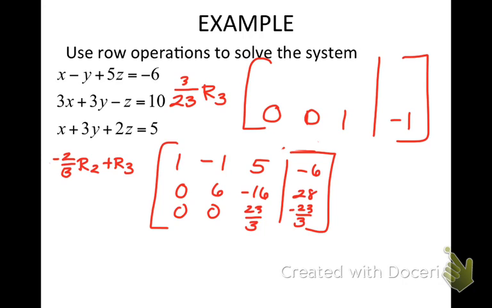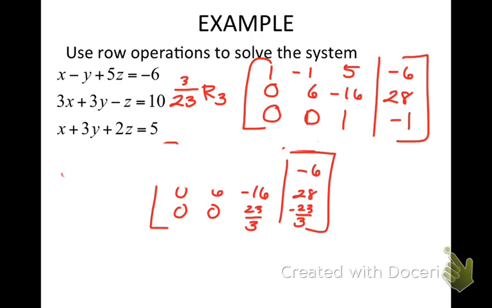My third row. Row 2: 0, 6, negative 16, 28. Row 1: 1, negative 1, 5, negative 6. We're almost there. For it to be in complete row echelon form, this needs to be a 1, it is, and this needs to be a 1. So what do I need to do to row 2 yet? Multiply by 1/6. Good.